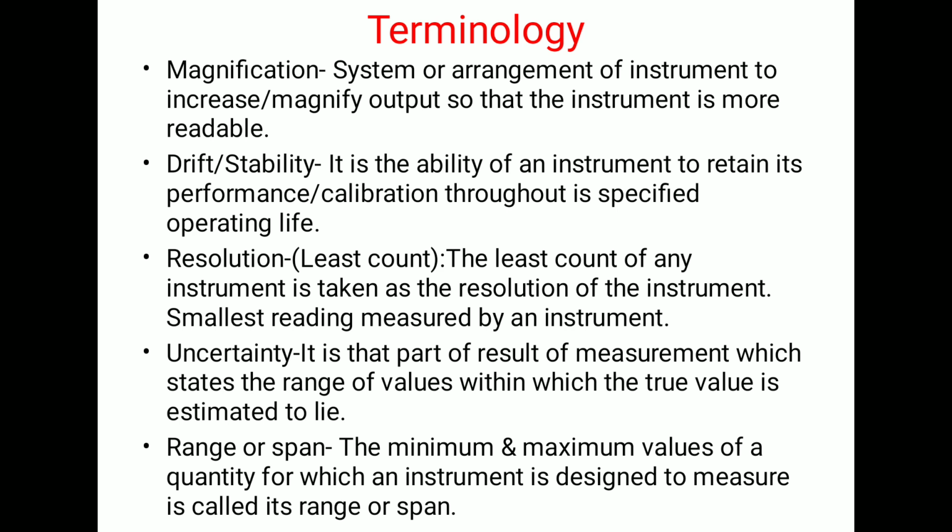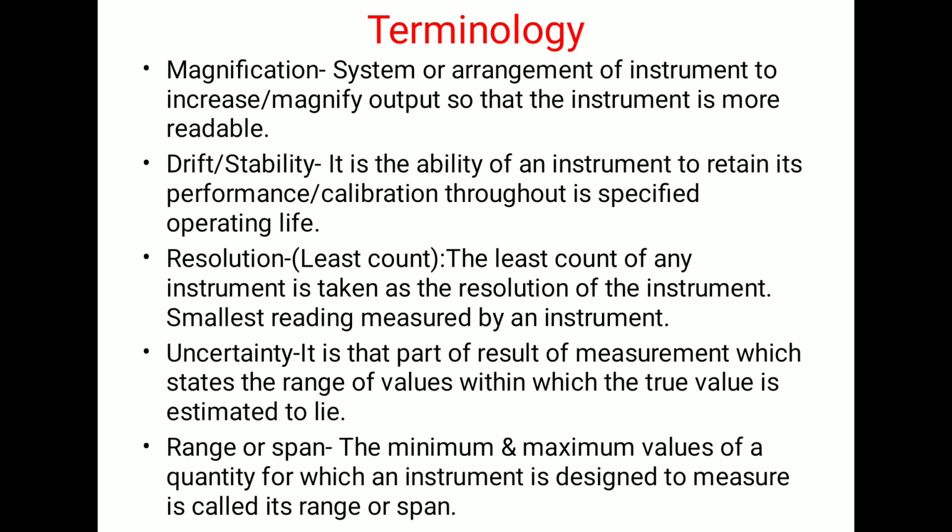The next is range or span. The minimum and maximum values of a quantity which an instrument is designed to measure are called the range or the span of that measuring instrument. The instrument has limitations. Generally the range can start from 0 up to 100, or it can go beyond 100.